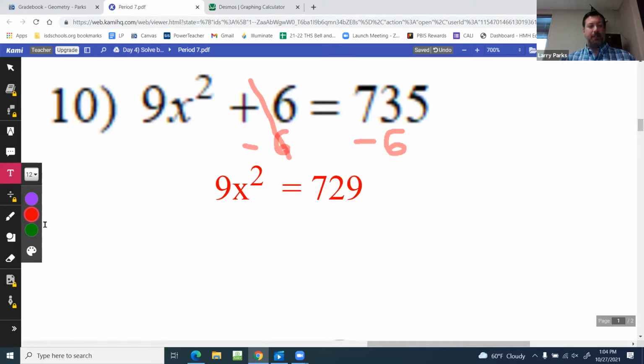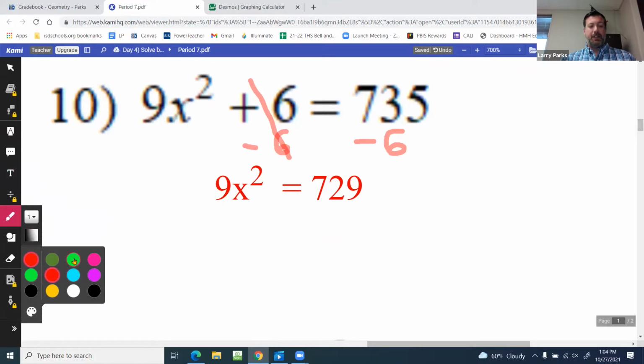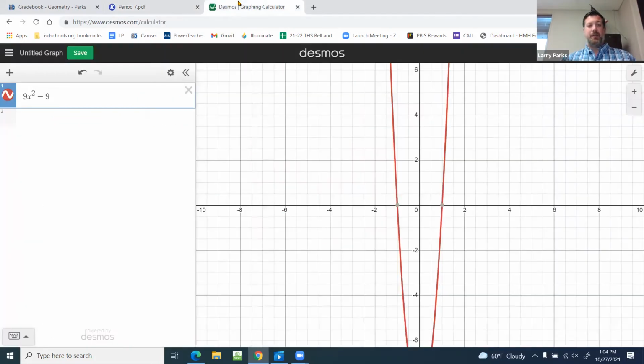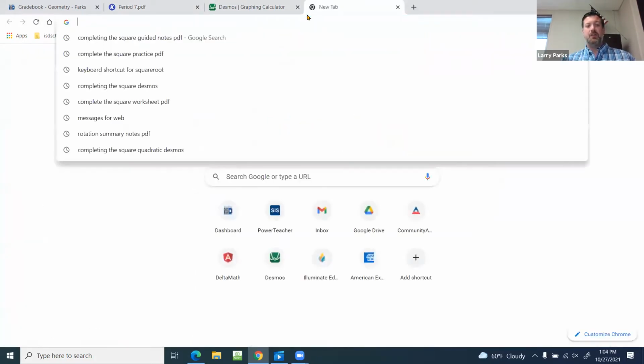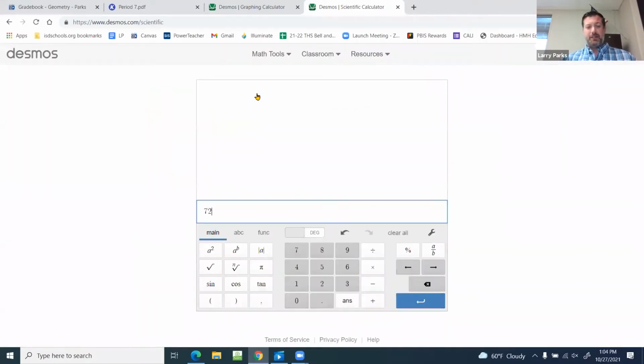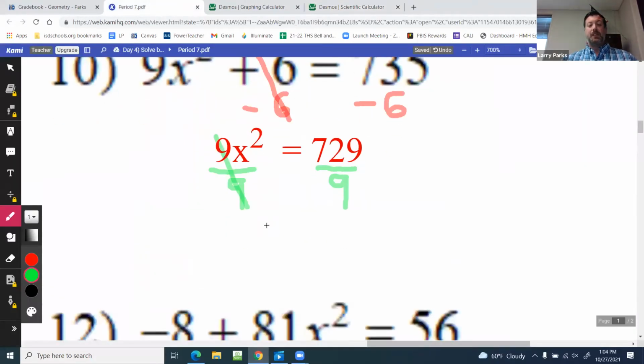From there, again, I'm trying to get the x squared by itself, so I'm going to divide by 9. And I'll be honest, I have no idea what 729 divided by 9 is. Let's go back to my Desmos. I highly encourage you to use the scientific calculator. 729 divided by 9, 81. Cool. So now I got x squared equals 81.